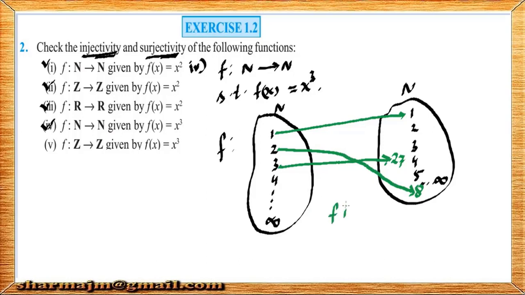So f is 1 1 function, it is 1 to 1 function. Now it is very much clear that 2 is not having its pre-image, 3 is not having its pre-image, 4 is not having its pre-image, because 2 is not cube of any natural number, 3 is not a cube of any natural number. So therefore this function f is not onto, this function is not onto.